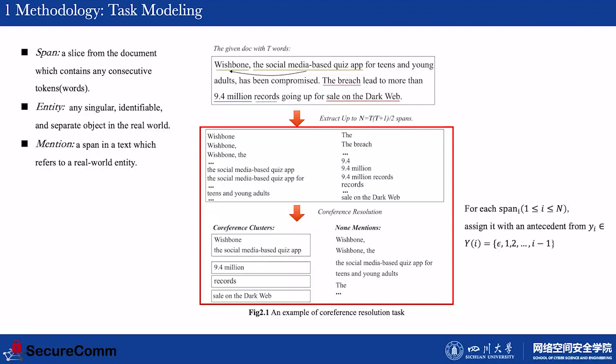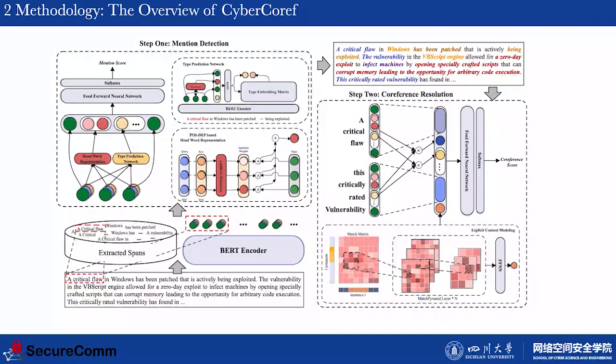However, we should note that not all spans are mentions, and only mentions possibly have an antecedent. So there is a necessary step in the middle after extracting all the spans, which is that we need to further select the mentions from the extracted spans.